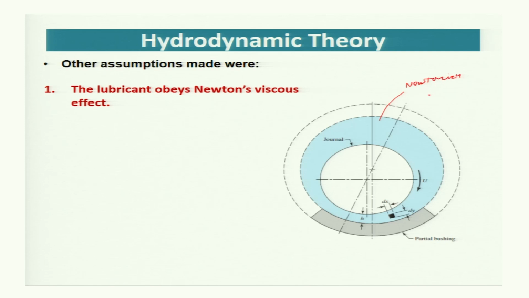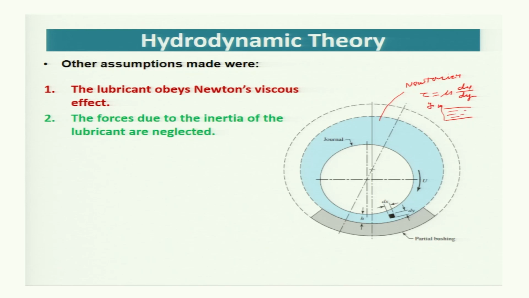So whatever formula we will derive will be valid for Newtonian fluid, where the fluid satisfies this equation, shear stress is equal to mu du over dy, if the coordinate along the thickness of the film is y. Then, the forces due to inertia of the lubricant are neglected. That means F is equal to ma, so this acceleration effect is neglected.